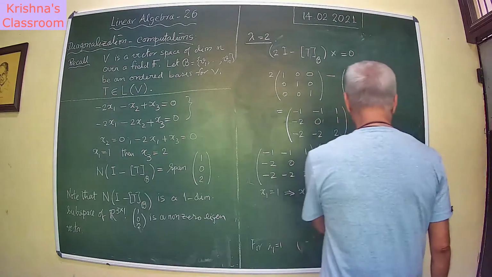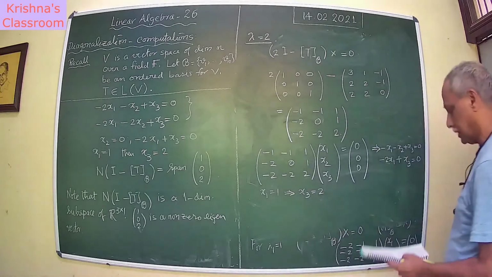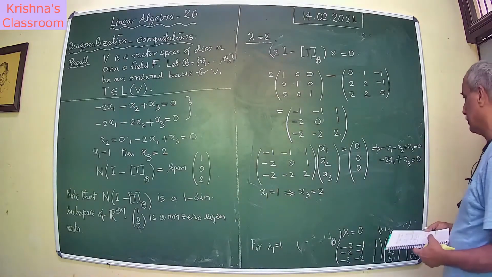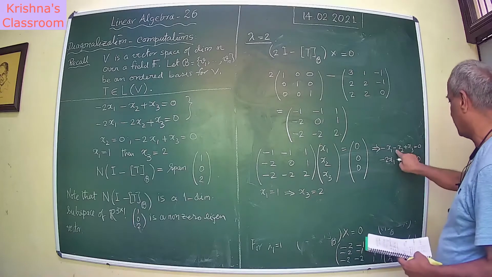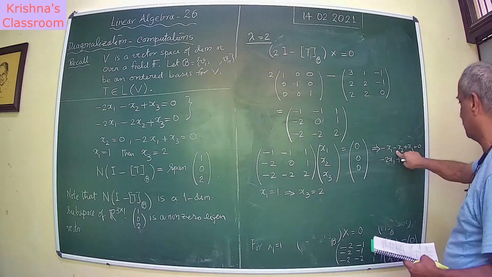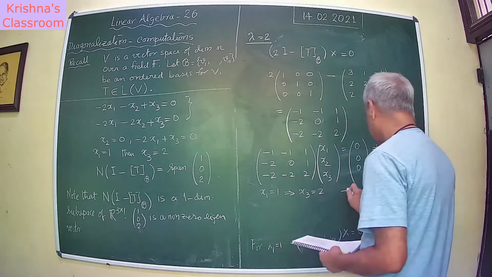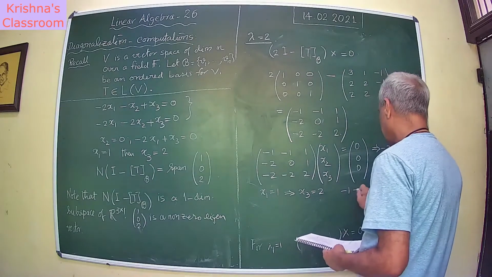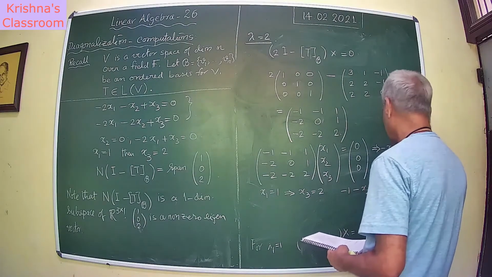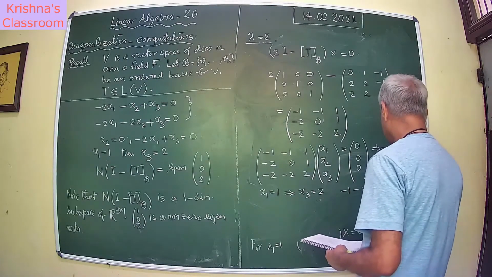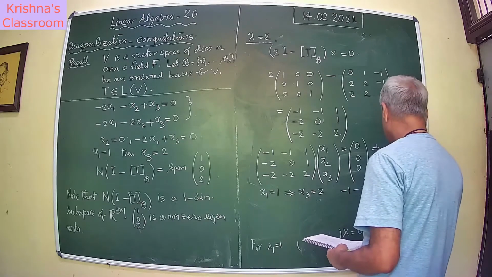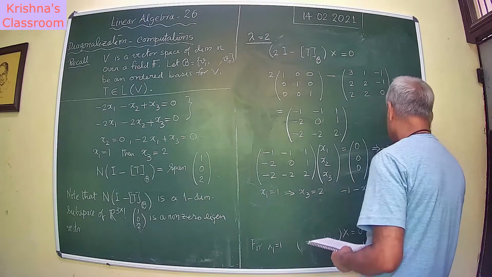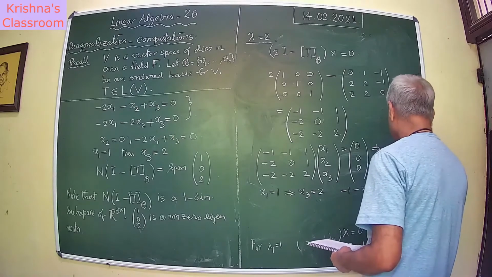And what about the third relation? Or we have to have the other relation also taken into account. So you get minus 1 minus x2, x3 is equal to 2, equal to 0.